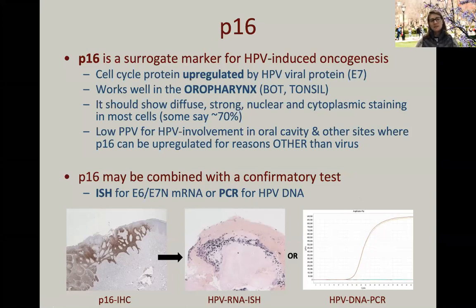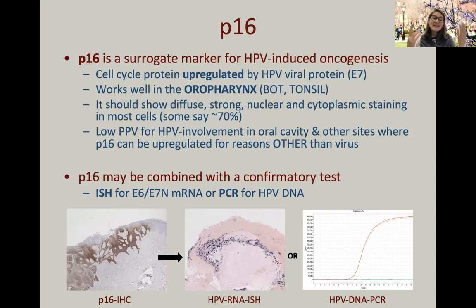P16 is an extremely good marker for HPV in the oropharynx, meaning the base of tongue and tonsils, where if it shows diffuse, strong nuclear and cytoplasmic staining in the vast majority of cells, it is highly predictive of HPV involvement. If you use P16 outside the oropharynx, for example in the anterior tongue, the buccal mucosa, or the larynx, this is not trustworthy.